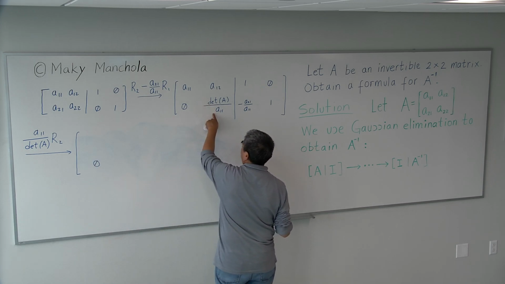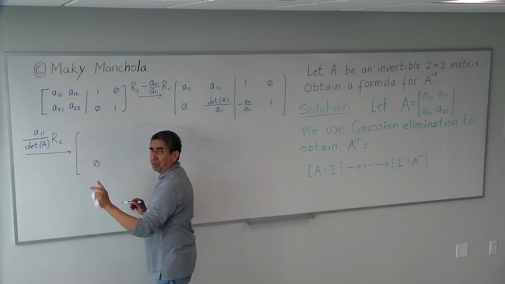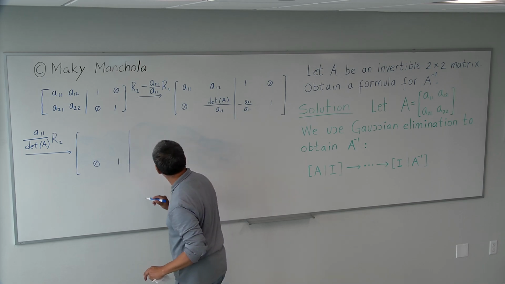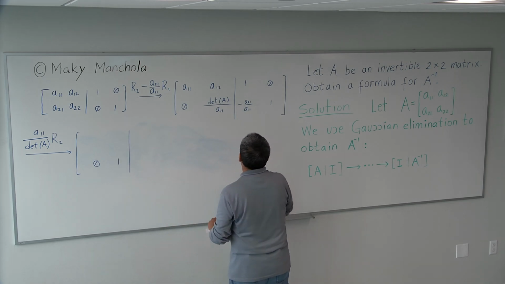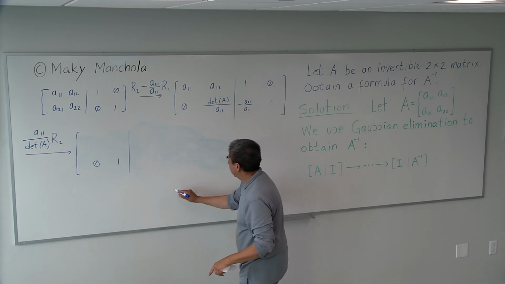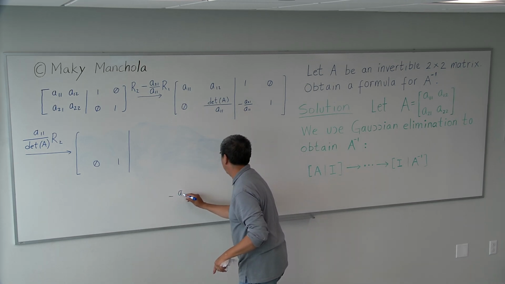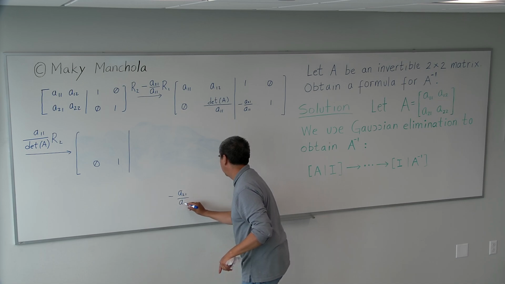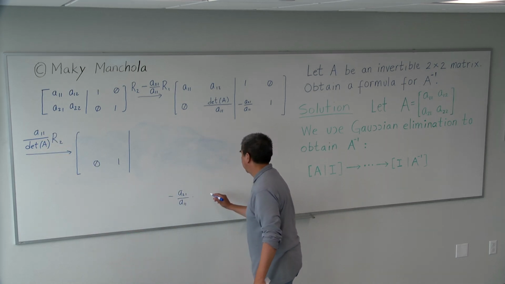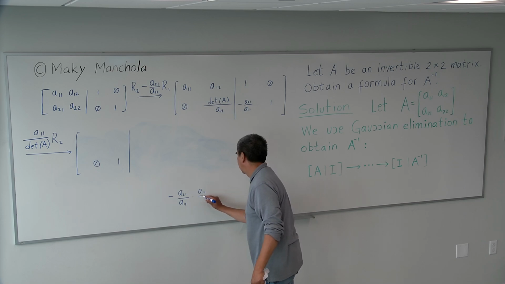Determinant of A over A11 times its reciprocal gives me 1. Next, negative A21 over A11 times A11 over the determinant of A. There is some cancellation.